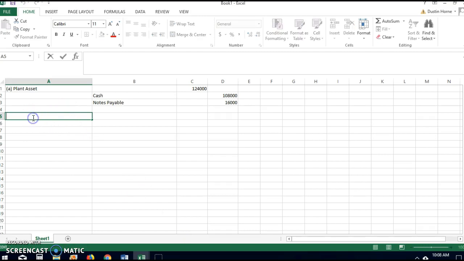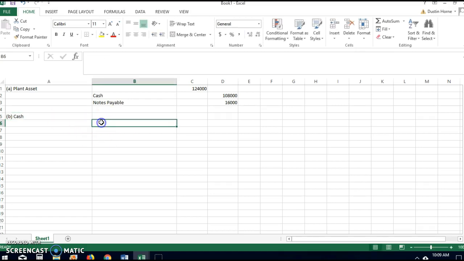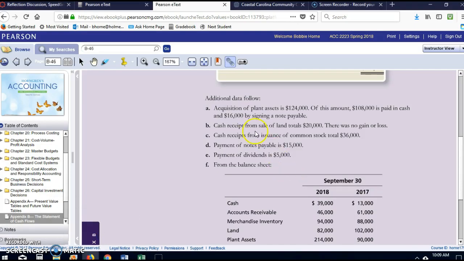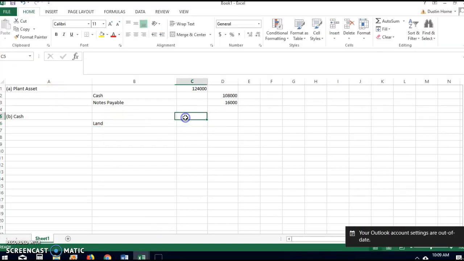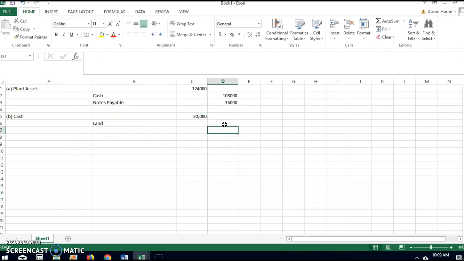So our entry would look like this. Cash, we're getting cash and we're going to credit land, 20,000 and 20,000.